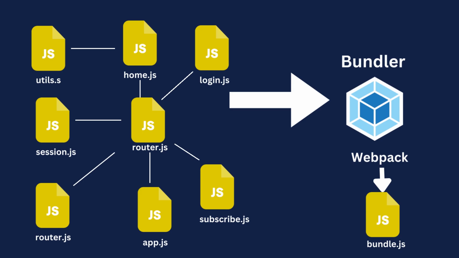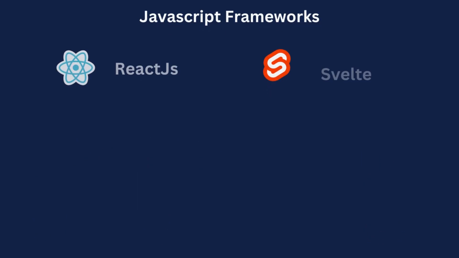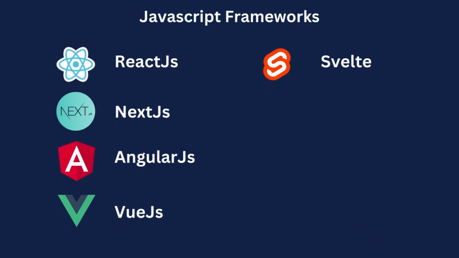We can look at the example of some frameworks here. We have several frameworks that we can learn or we can use. We have React.js, we have Next.js, that is a framework for JavaScript. Then we have Angular.js, we have Vue.js, and we also have Svelte. What do these kinds of frameworks do?